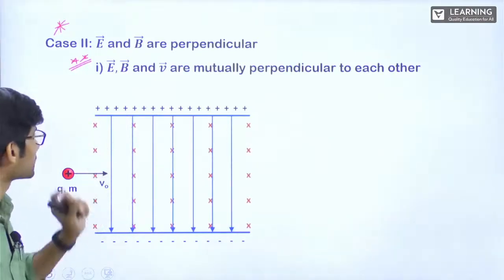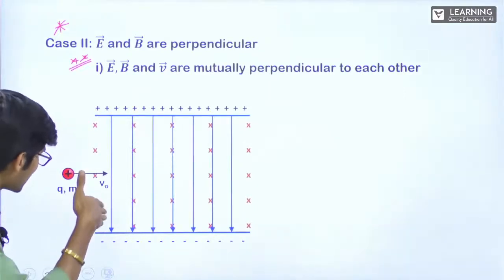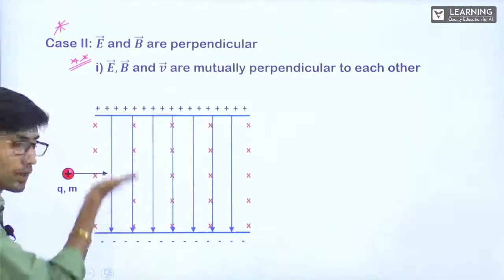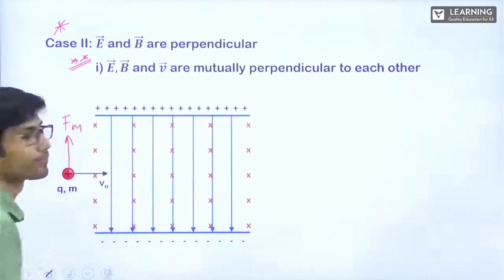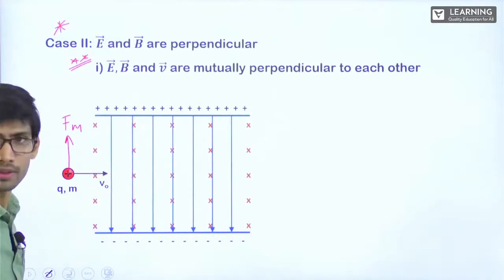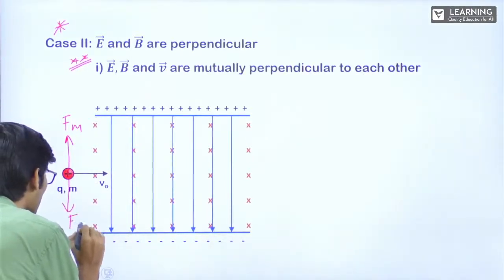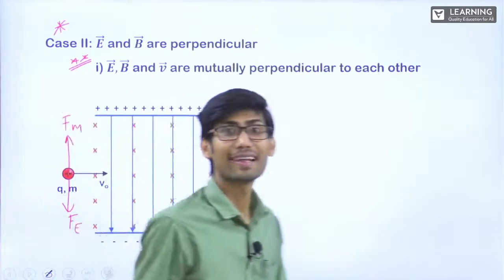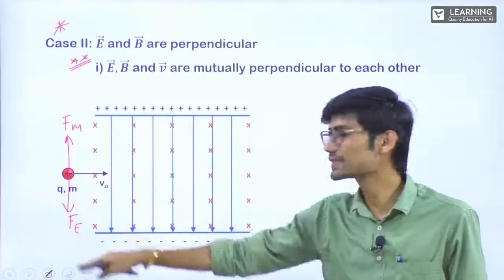One is magnetic force. What is the direction of magnetic force? The magnetic field is inside, velocity is this, so the magnetic force is upwards. The electric force is in the direction of the electric field, because it's a positive charge. The line of force is the same. This is upwards, this is downwards.